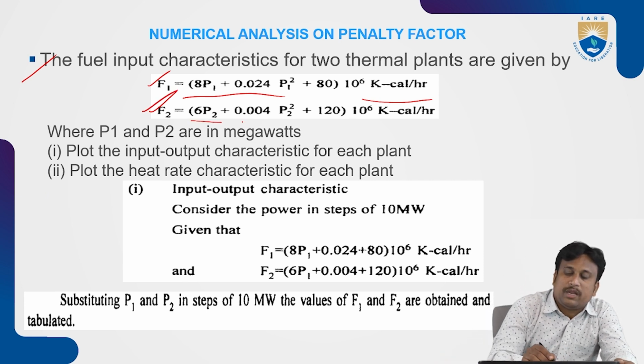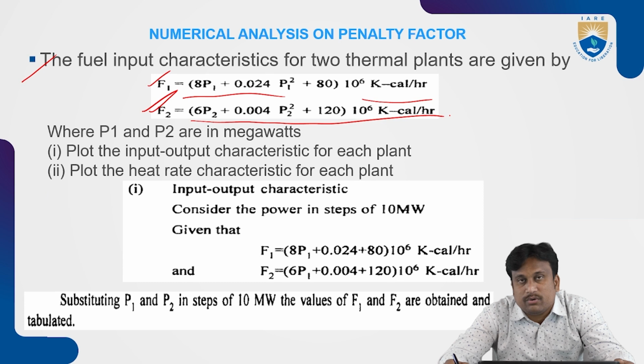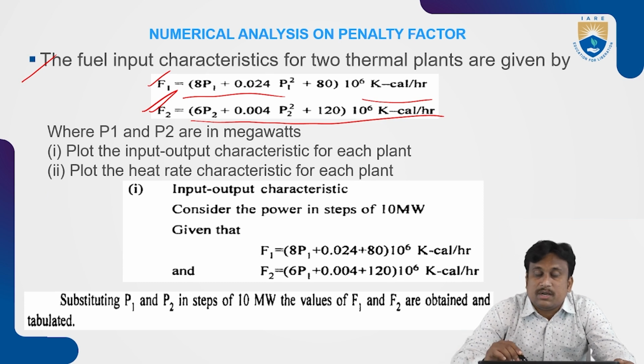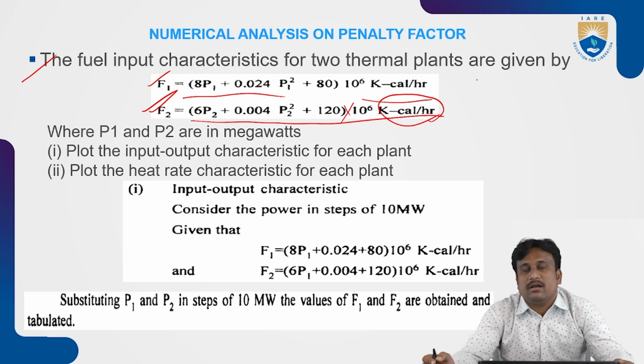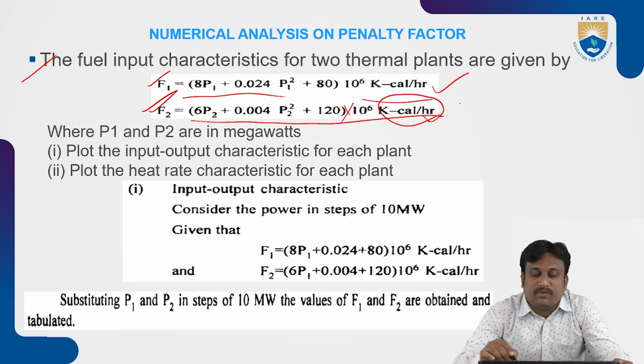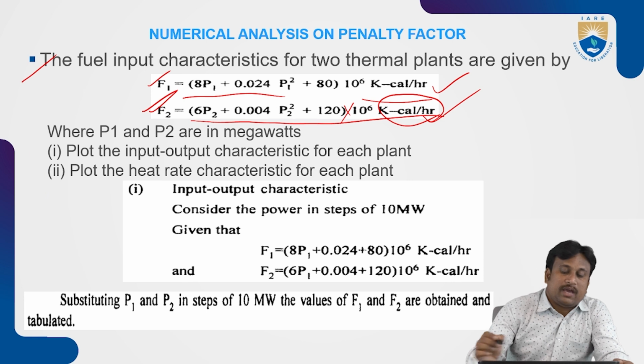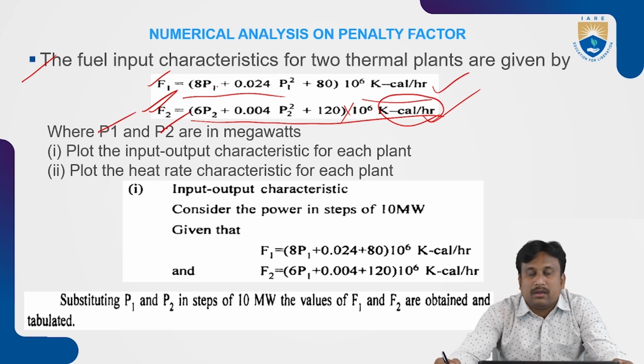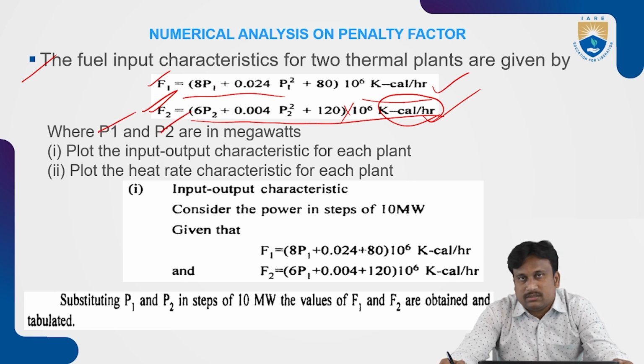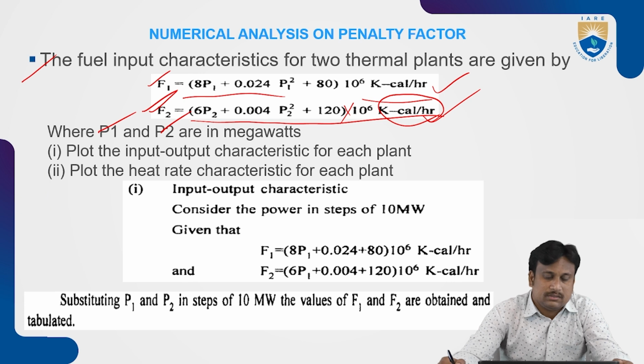F2 is 6P2 plus 0.004 P2 square plus 120 into 10 power 6 kilocalories per hour. Here P1 and P2 are in megawatts.